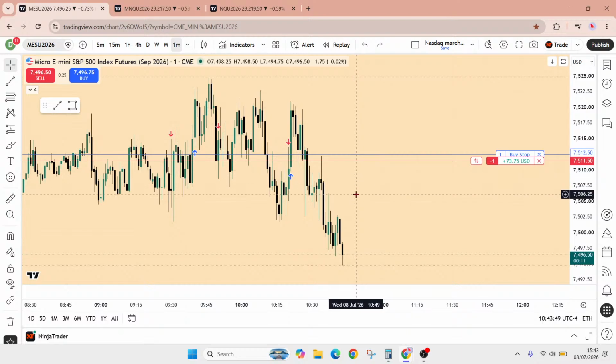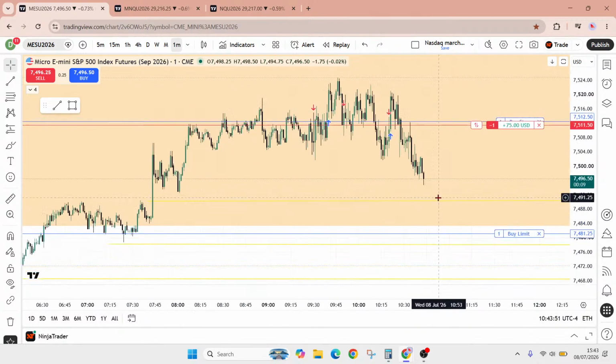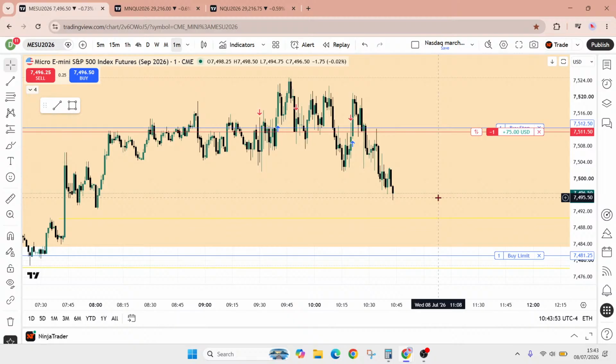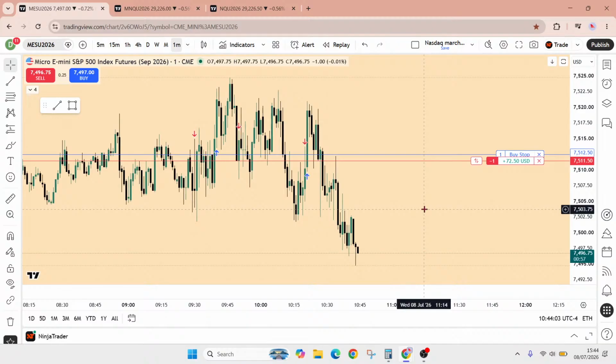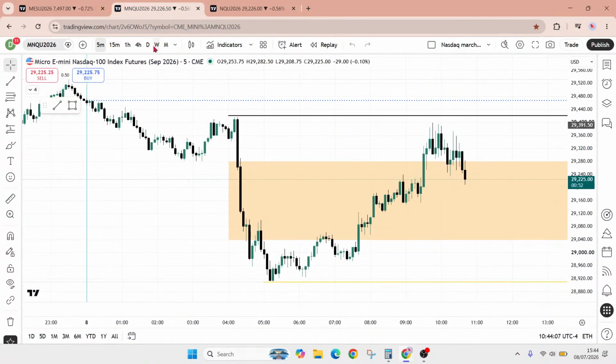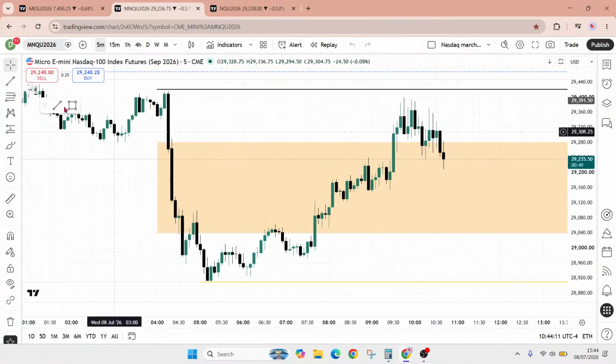We can move the stop loss here. And the final is dropping now.